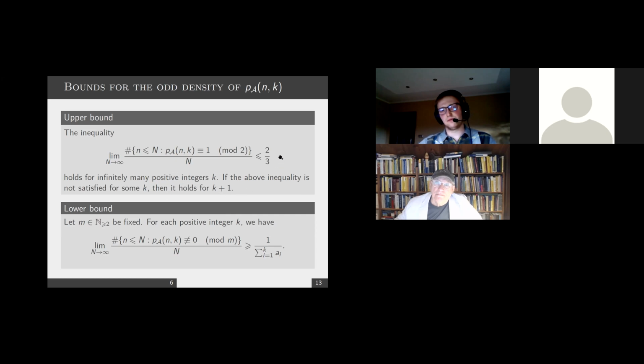The first of them mainly because 2 over 3 does not depend on the sequence A at all. The second one depends on the sequence A, but it is independent of the value of m, so it is not optimal as well.